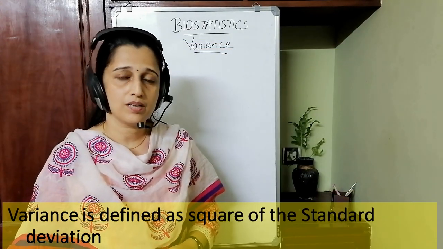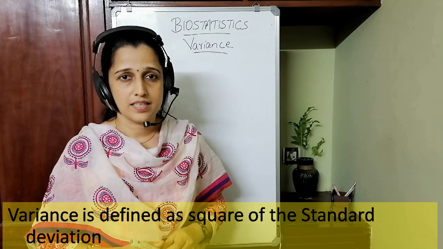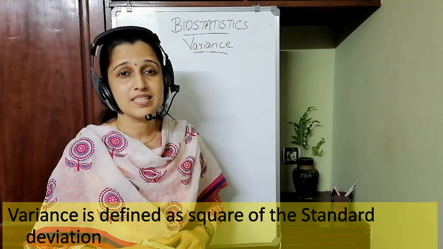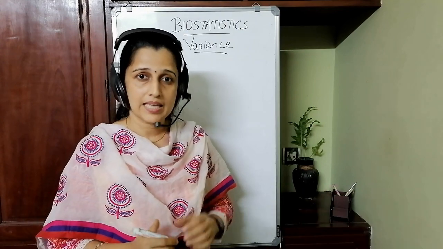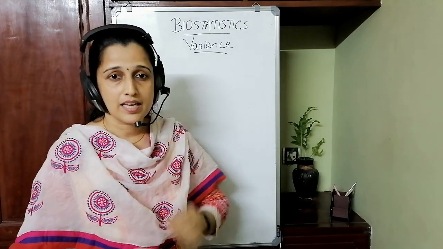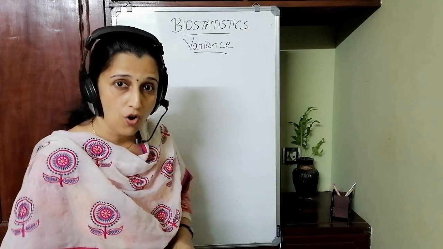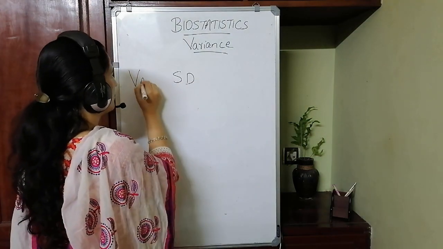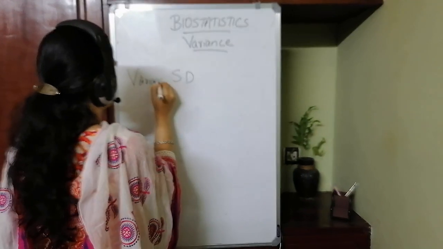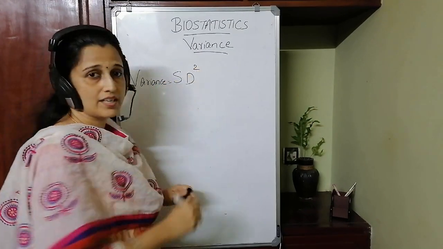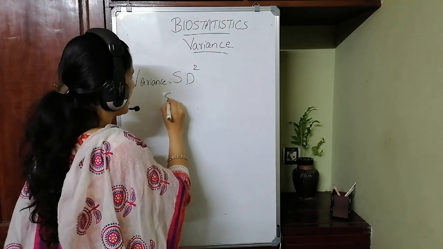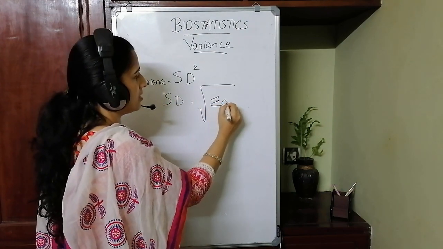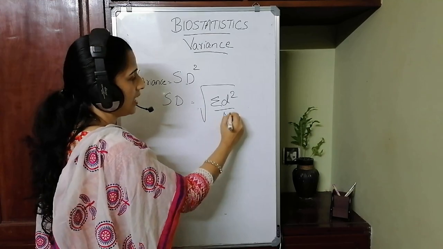In the previous tutorial, we learned about standard deviation, which was the square root of sigma d square by n. But variance is the square of standard deviation. Variance is equal to standard deviation square. Standard deviation is equal to square root of sigma d square by n.